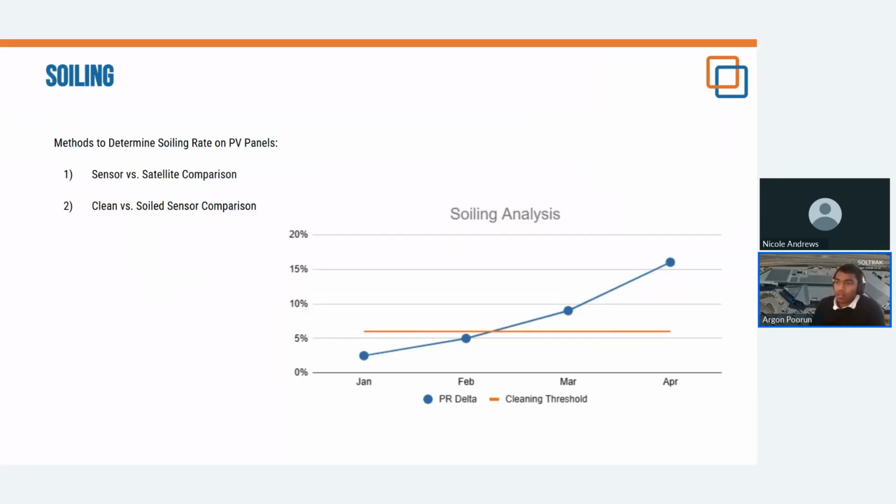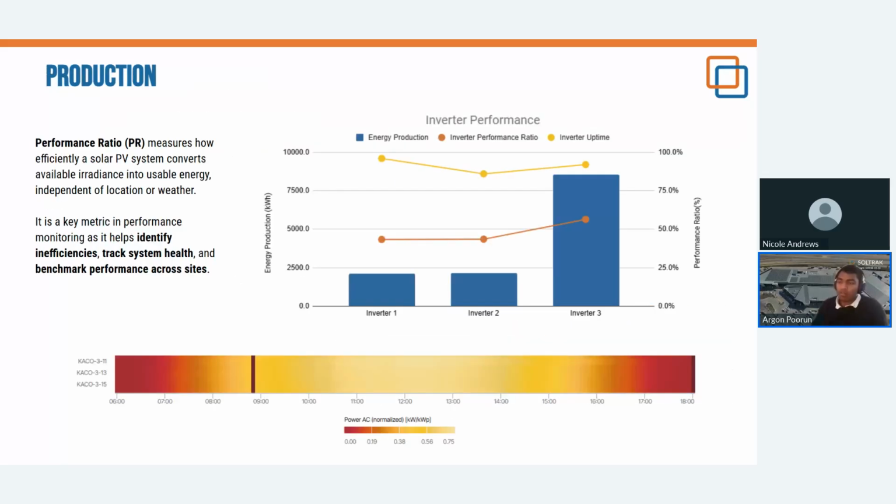Okay, so those are touching on the main underperformance impacts that are highlighted, and some mechanisms in the monitoring that you can use to ensure that you're picking up issues. Something maybe to mention just on the production side is it makes a lot of sense for either the service provider or the asset manager to have alerts.